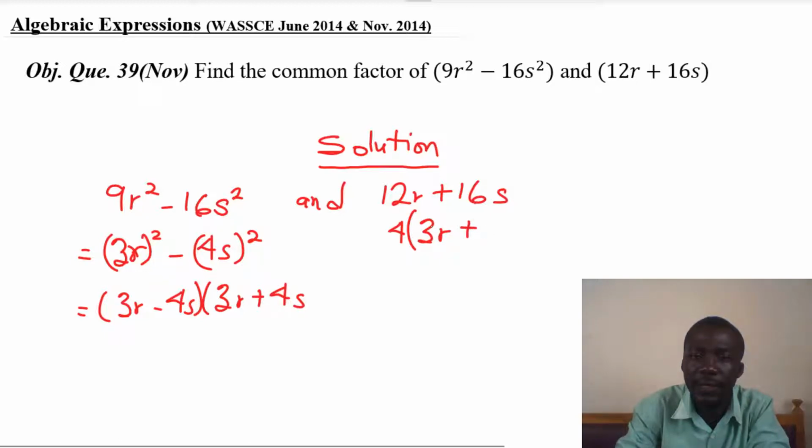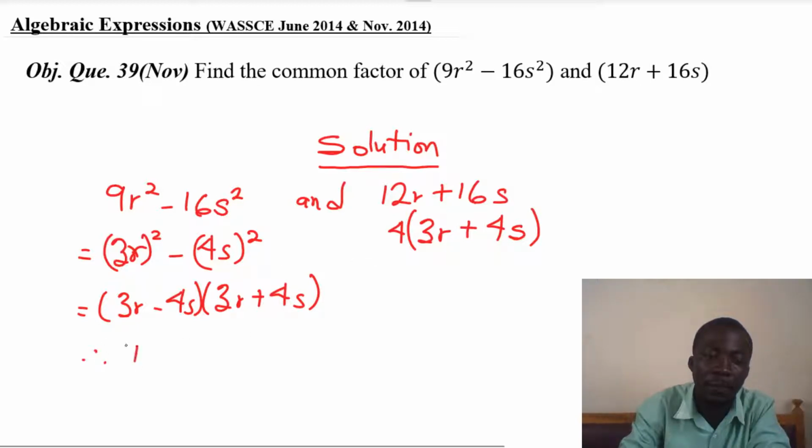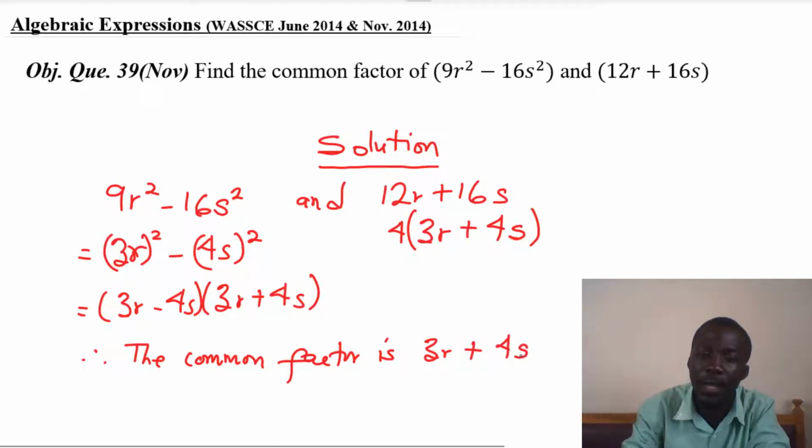And plus 4 into 16 will be 4 multiplied by s, 4s. So we can see that 3r plus 4s is common to both expressions. So therefore, the common factor is 3r plus 4s.